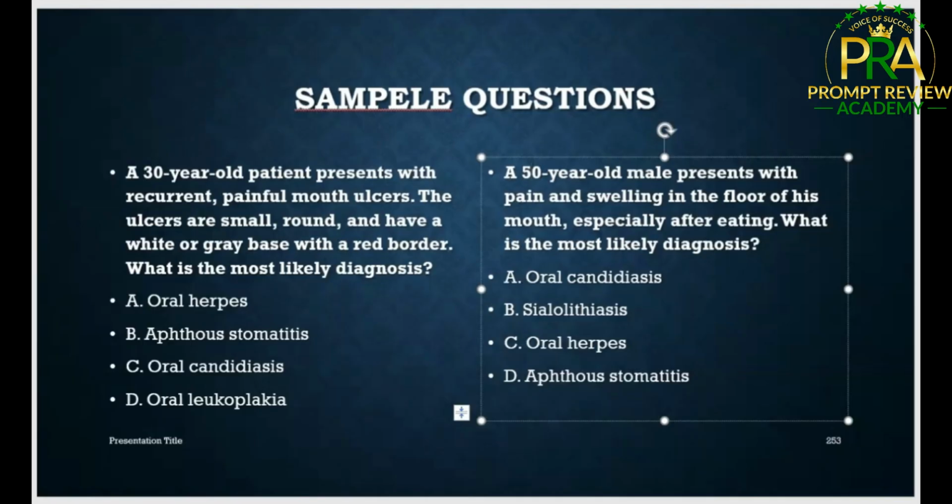Then this question here: a 30-year-old patient presents with recurrent painful mouth ulcers. The ulcers are small, round, and have a white or gray base border. What is the most likely diagnosis? We have talked about this earlier.